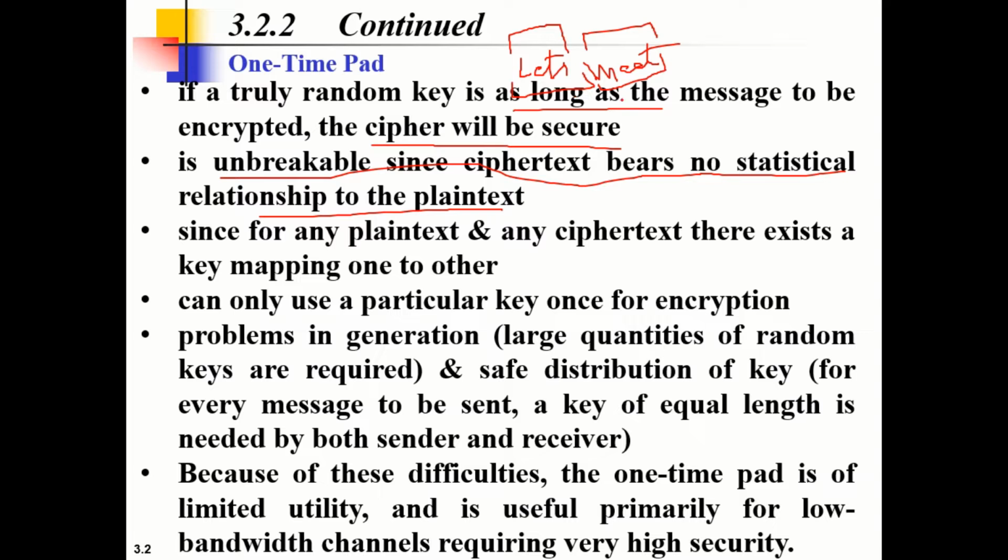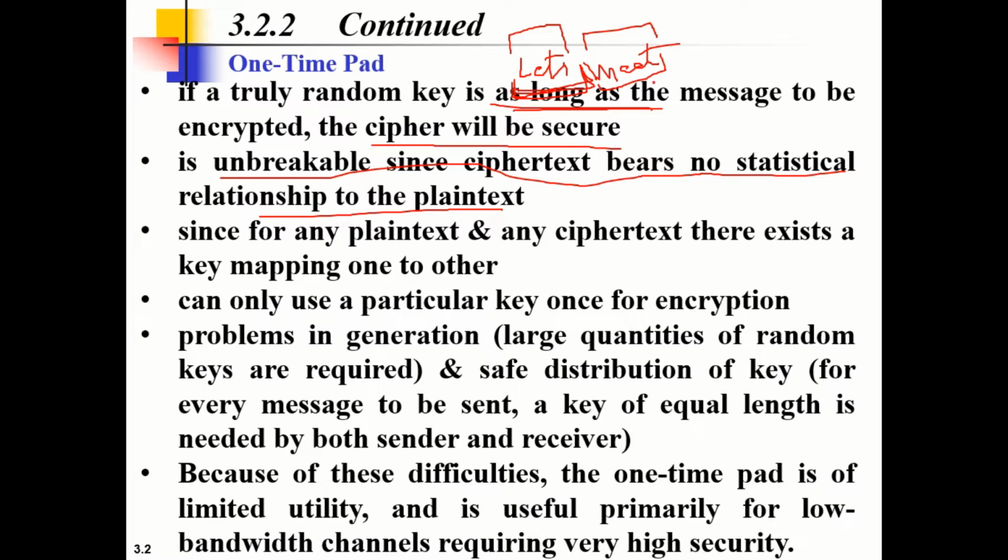If the message has, say, 10 parts in it, then for each and every part we'll be using a different key which will be randomly chosen, and the key we use for each part will be of the same length as that part of the message, which is the first point.